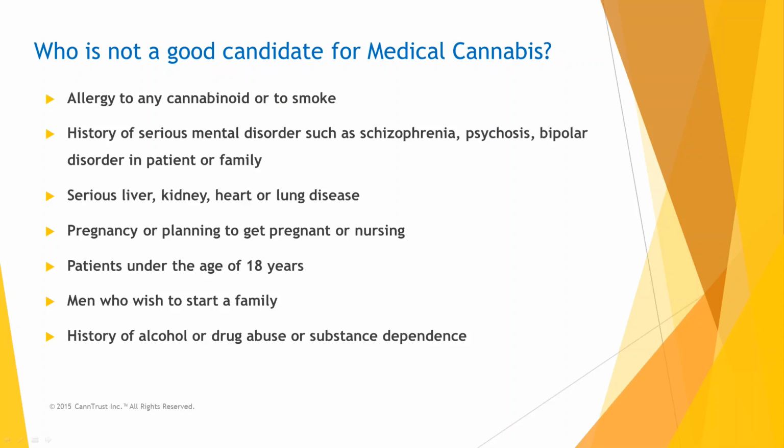Also, if men are wishing to start a family, we do not recommend them to use medical cannabis, and patients who have a history of alcohol, drug abuse, or substance dependence are not the best candidates. The brain develops until the age of 25, and according to the College of Family Physicians of Canada, the recommendation is that patients do not use medical cannabis until the age of 25 unless there are absolute indications to use. Next slide.